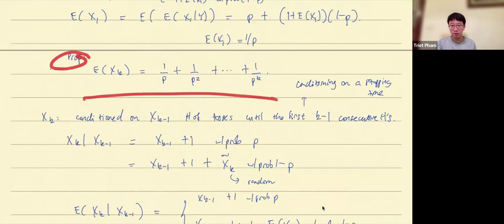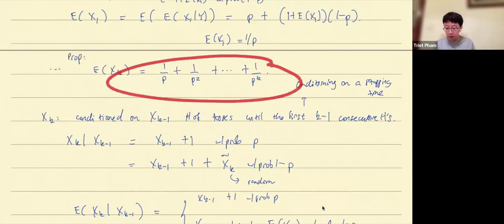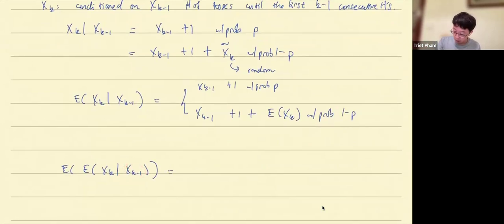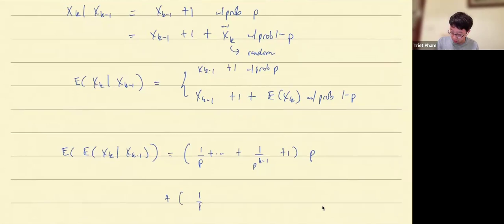You need the induction hypothesis, because now the formula you're claiming to be true will be applied to the k minus 1 case, which will be, let's say, 1 over p, etc., 1 over p to the k minus 1, plus 1 times p, plus and so on, plus 1 times 1 minus p, plus everything.